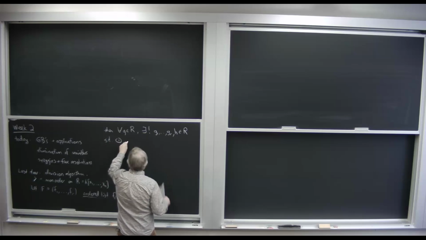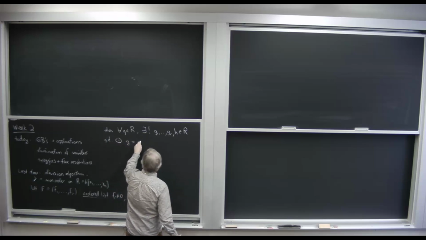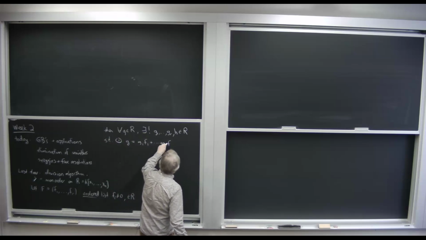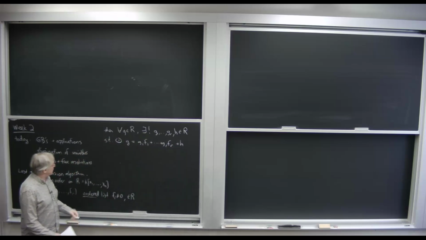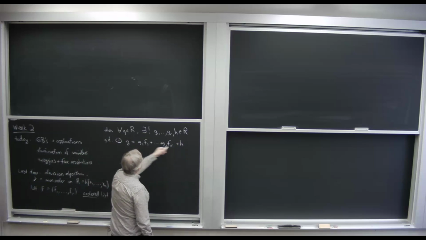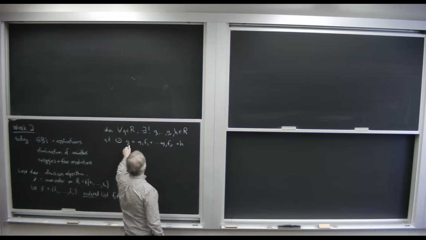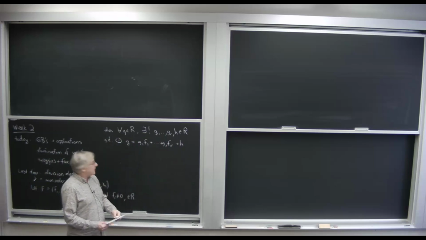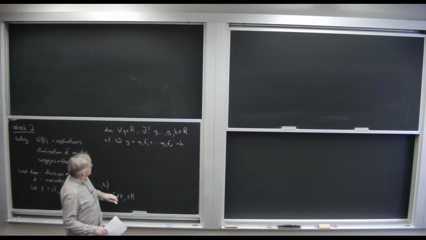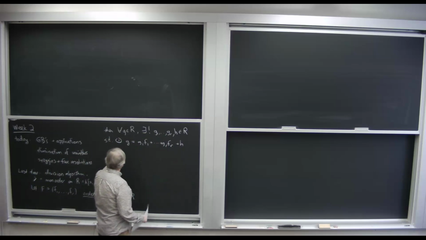The first one is the main thing, that it really is a division: g1 f1 plus ... plus gr fr plus h, that sum is equal to g. Well, one solution for this right away, if that was the only thing, would be all the g's being 0 and h equal to g, but that wouldn't be so useful.